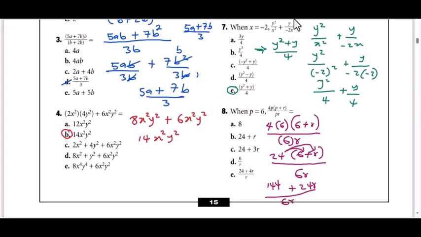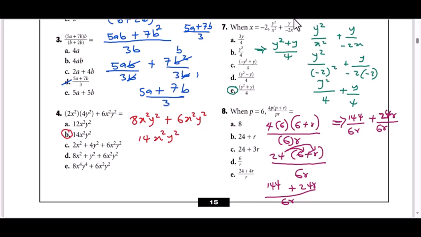So 144 divided by 6 is still 24. Okay, let me continue from this point. I'm having 6R as my denominator. So let's see, 144 divided by 6R plus, I'm separating them now to see if I will see an option, 24R over 6R.